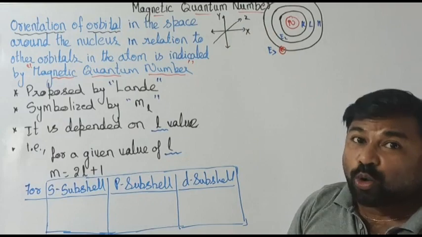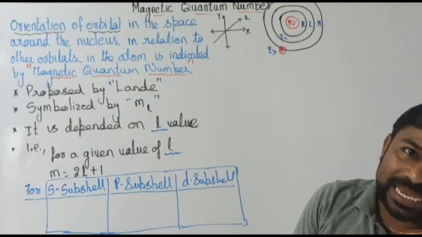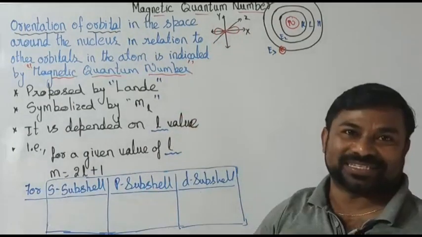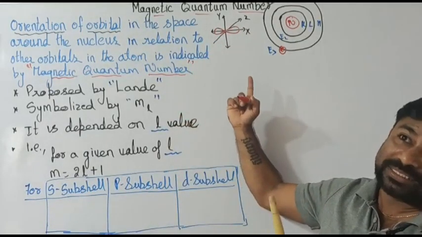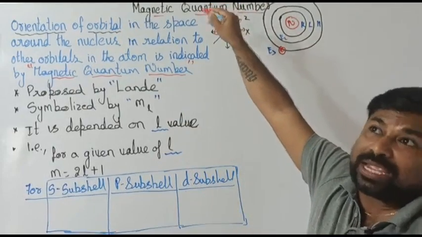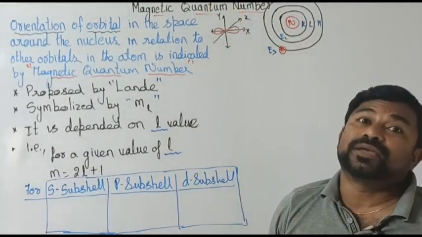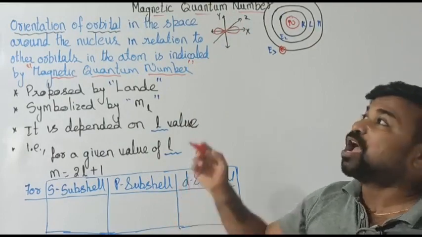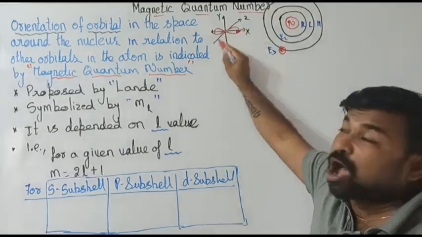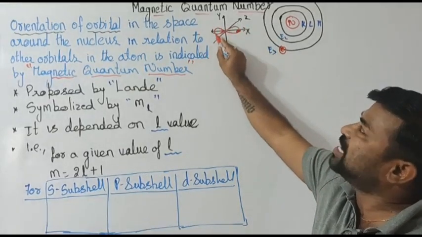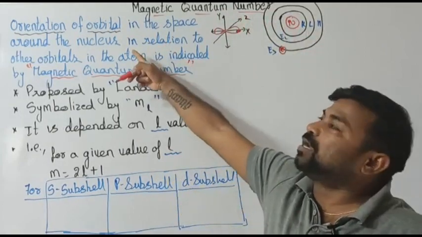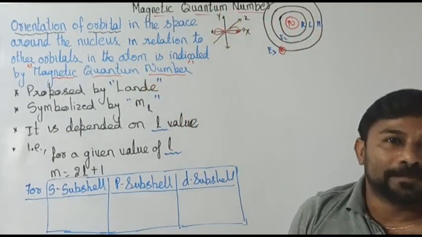Now, how is the electron oriented? It's oriented along the x-axis. When we talk about the x-axis, it is in relation with the y and the z, which are perpendicular to each other. How the electrons are moving, how they are oriented along the x-axis in relation with the other orbitals, is explained by the magnetic quantum number.